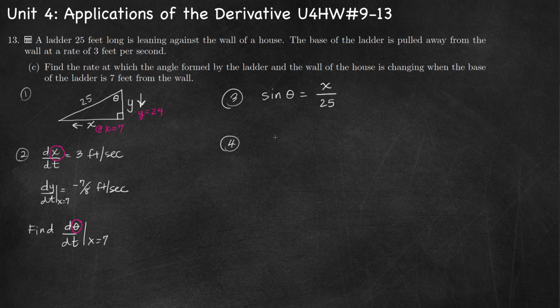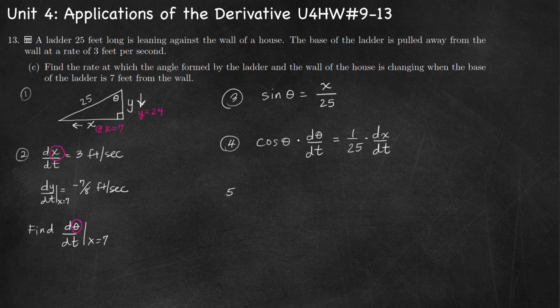The derivative of sine theta is cosine theta if I'm taking the derivative with respect to theta, but I'm not. I'm taking the derivative with respect to t, so we have to multiply that by dθ/dt. Equals, and then the derivative of x over 25, think of that as 1/25 times x, so it'll be 1/25 times dx/dt.